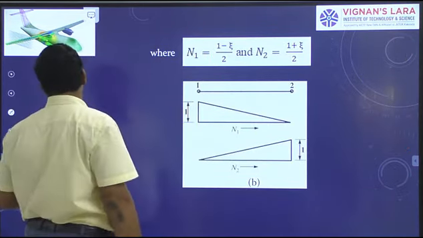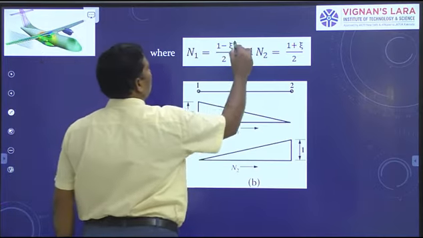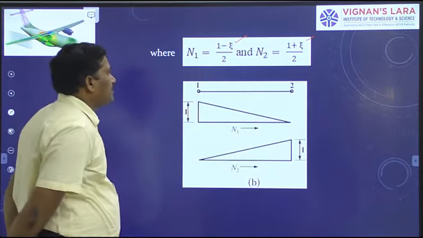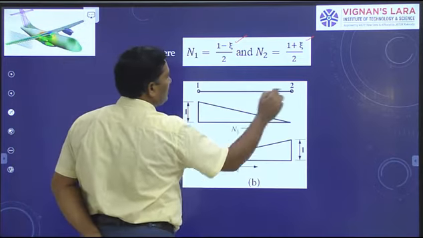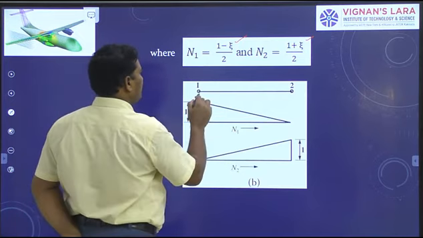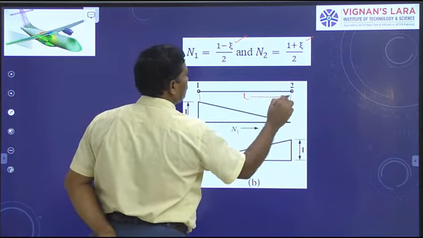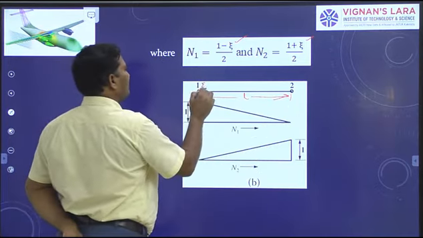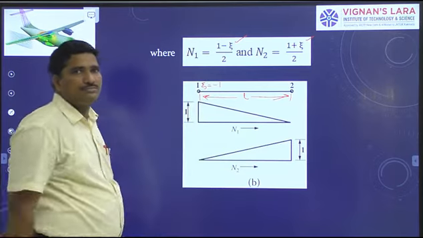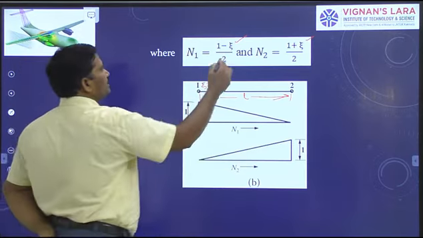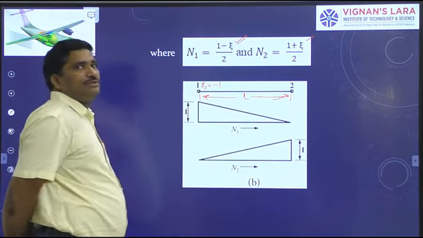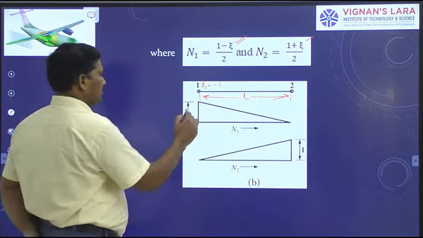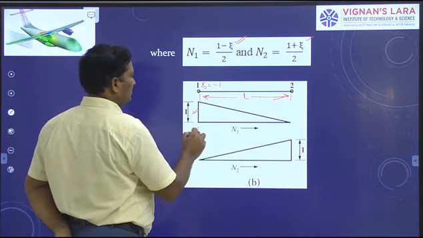You have here n1 equals 1 minus j by 2 and n2 equals 1 plus j by 2. And how they vary with respect to length of the element. So this is the element having 2 nodes. L is the length of the element. At node 1, you know that j equals minus 1. Therefore, in this expression, put j equal to minus 1. Then n1, how much you get? 1.